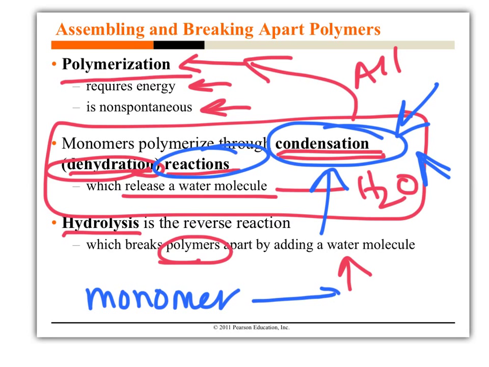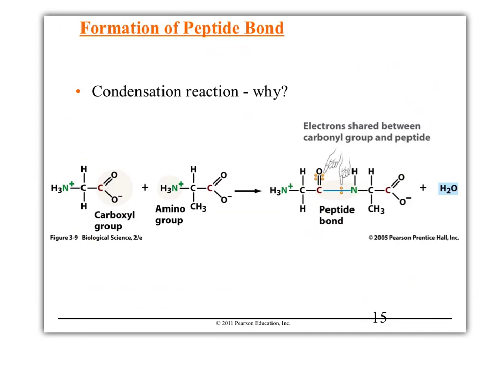Monomer to polymer, no matter whether we're talking about proteins, nucleic acids, lipids, carbohydrates, is always a condensation reaction that causes it to go.